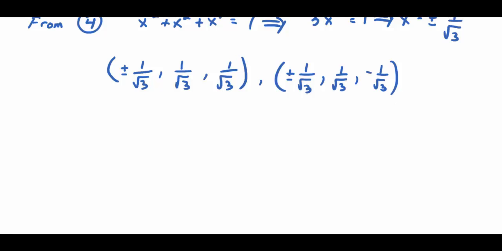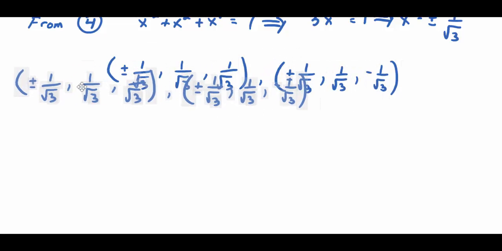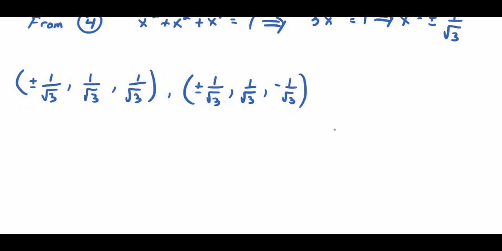Let me move this over. What's another possibility? Well, again, I'll stick with the plus or minus 1 over root 3. What haven't I taken into consideration yet? Negative y and say positive z. Now there's actually 6 points here, right?